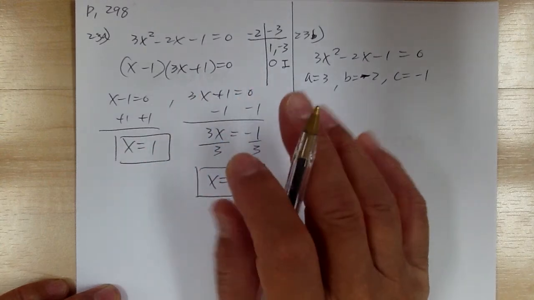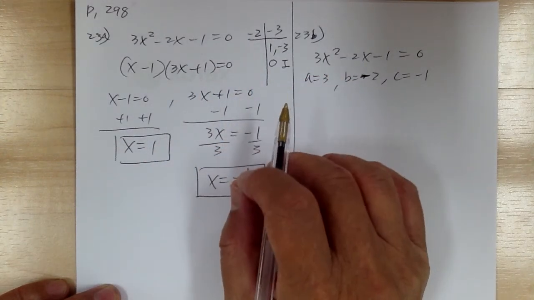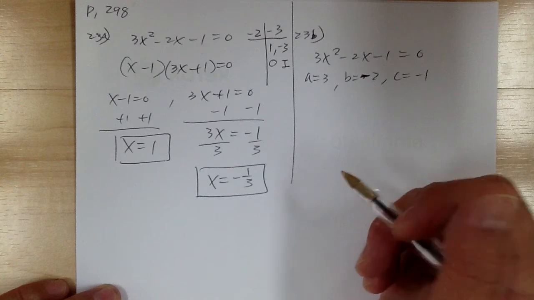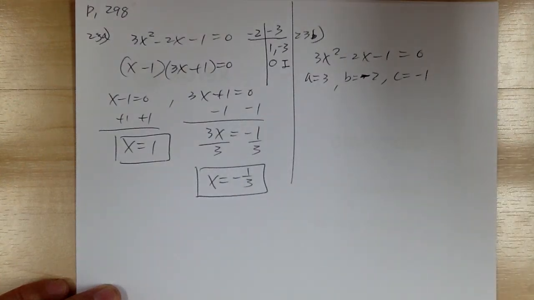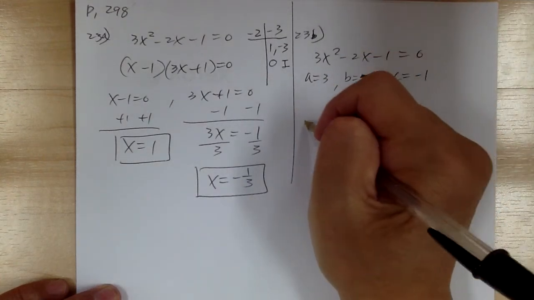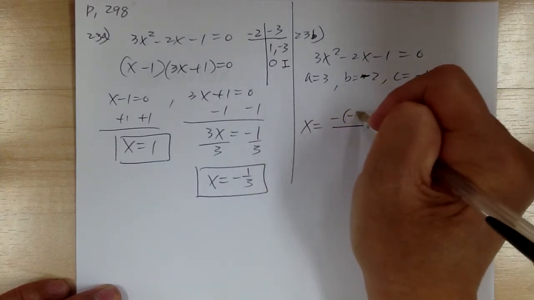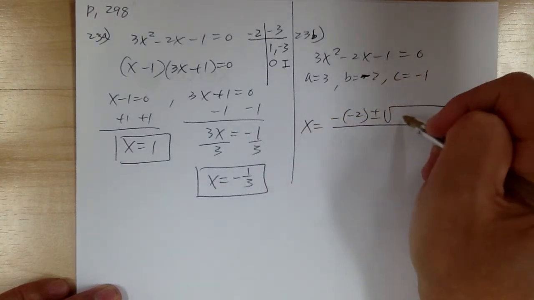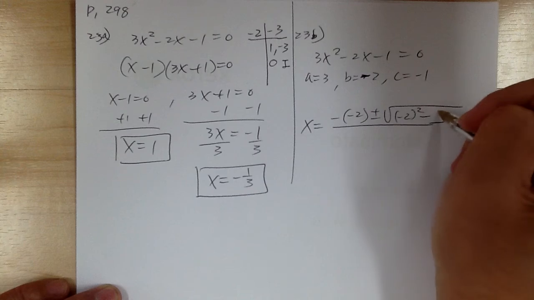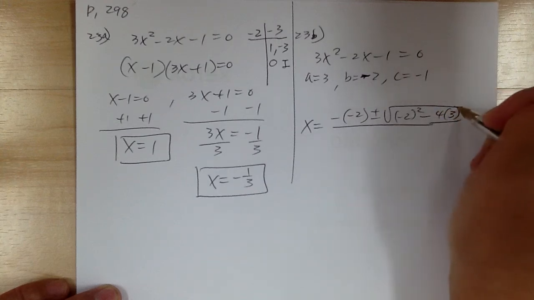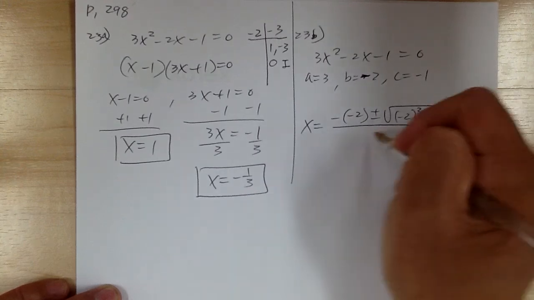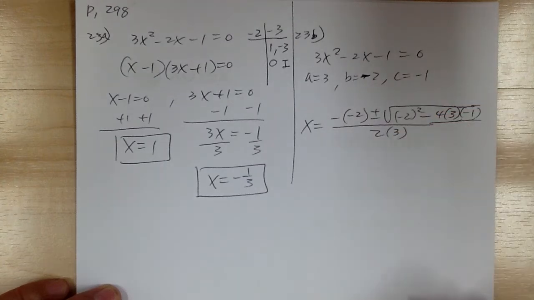If the equation is kind of complicated, numbers are kind of high, then you might want to use the quadratic formula. Okay, so you got x equal to negative b plus or minus square root of b squared minus 4ac over 2a.